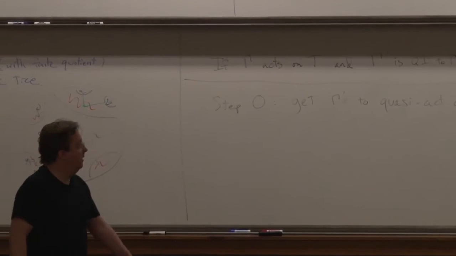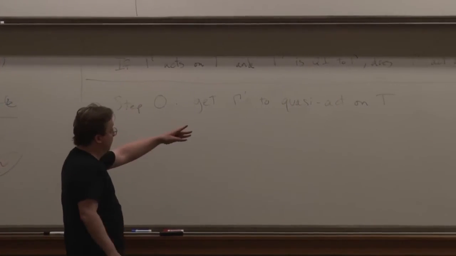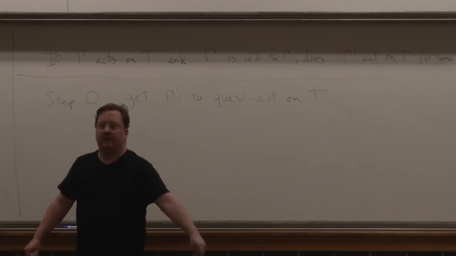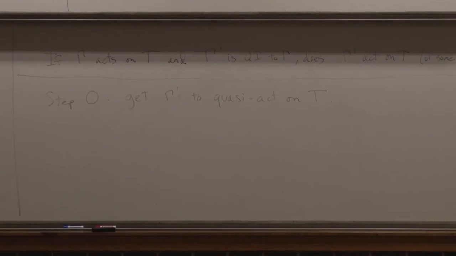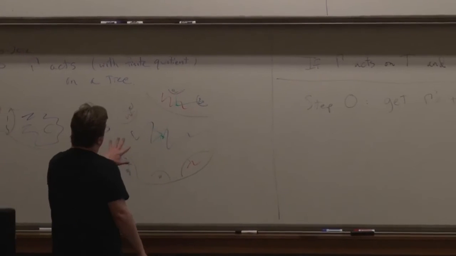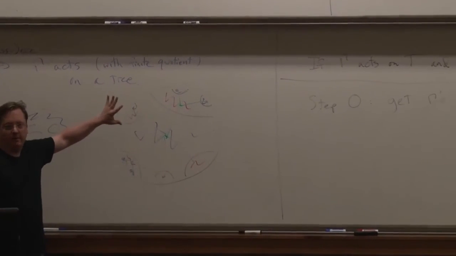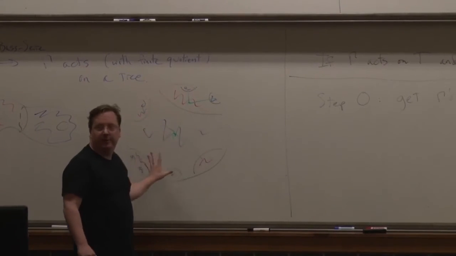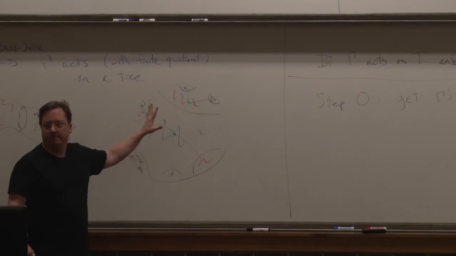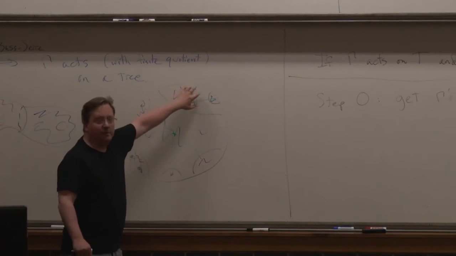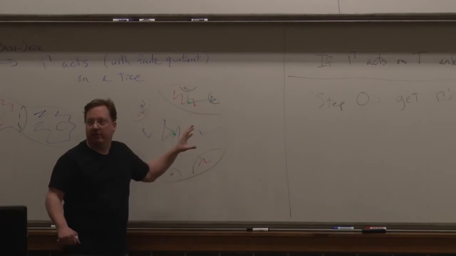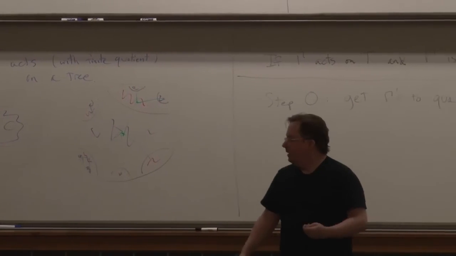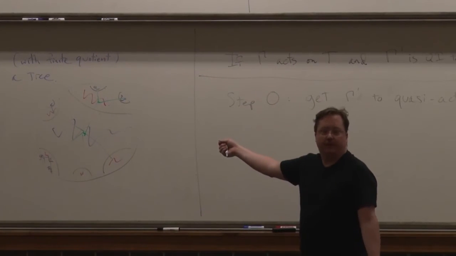Now gamma prime also acts on a tree. We might like to get this gamma prime to at least quasi-act on that tree. And if you think about what that means in a picture like this, if this is our gamma that has a splitting, and then we have our mystery gamma prime that's pushing this picture around by quasi-isometries, what we want to know is that these blocks are actually QI invariant, and they just get permuted when we push this picture around via QIs. In this case, there is absolutely no reason for that to happen.